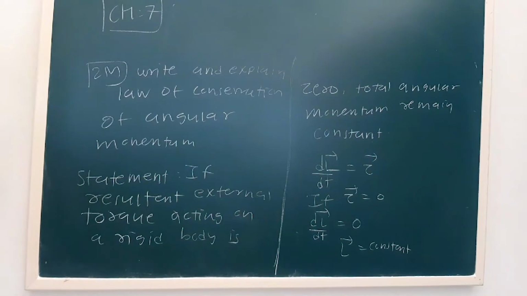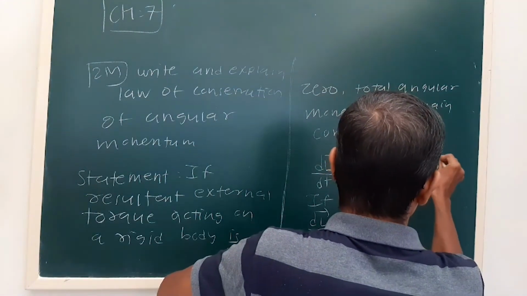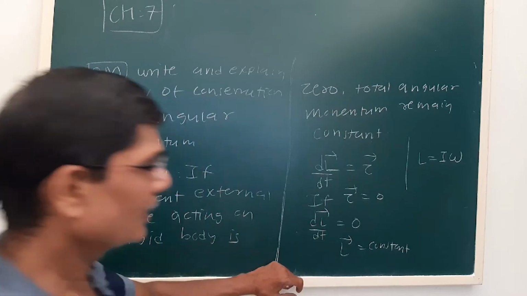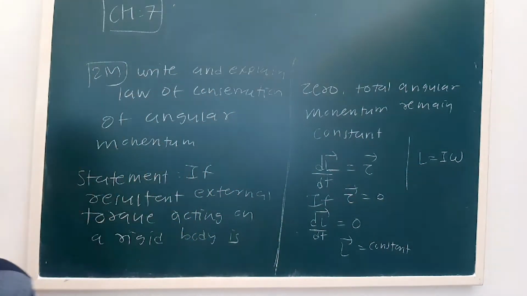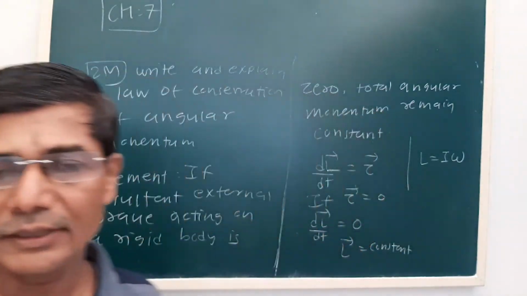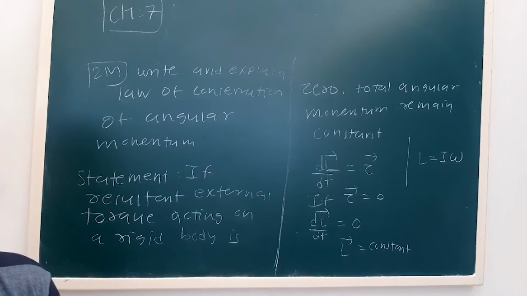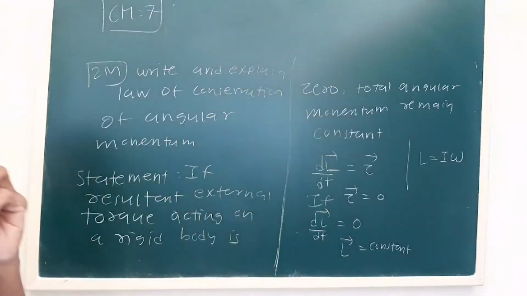Okay, now see, one more relation is L is equal to I omega. Okay, what is L? L is the angular momentum, I is the moment of inertia, omega is the angular velocity. Now see, there are a number of consequences of law of conservation of angular momentum.